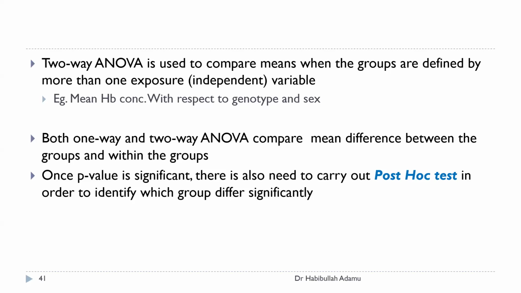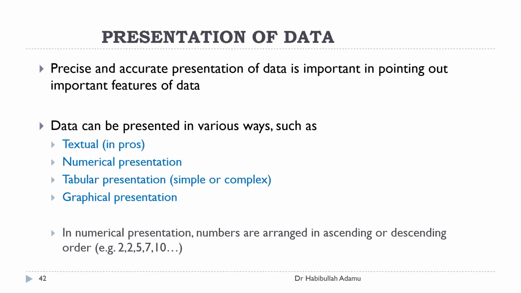That can be solved using a post hoc test. There is Tukey's and so on and so forth that you can use if you are using a computer to do that. It will show you where the difference lies, which group is responsible for the difference.